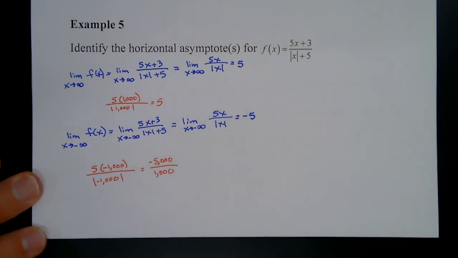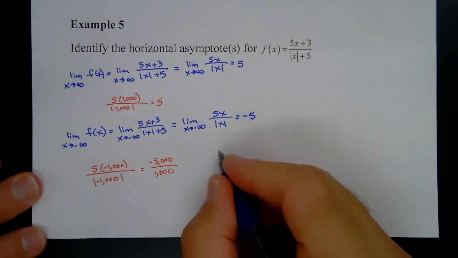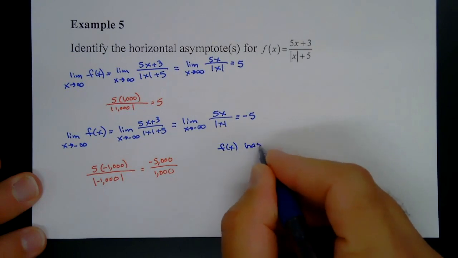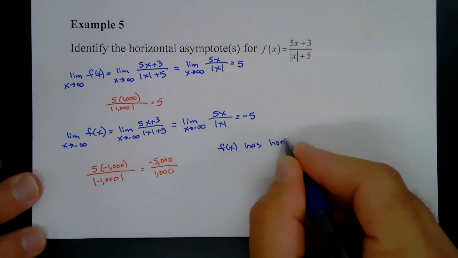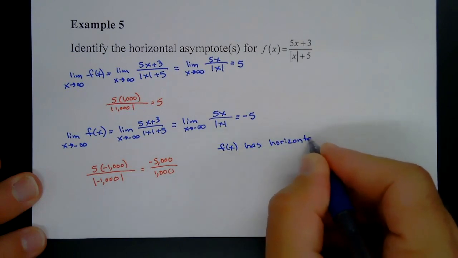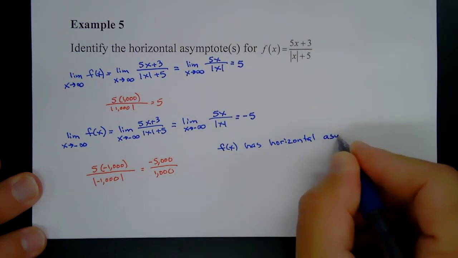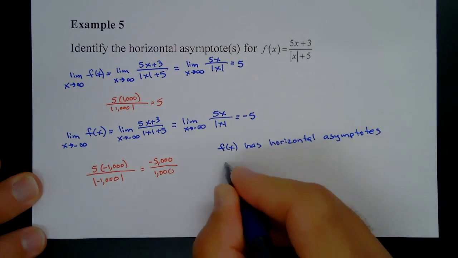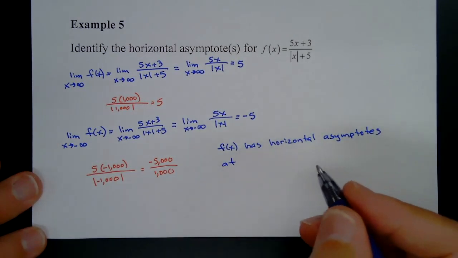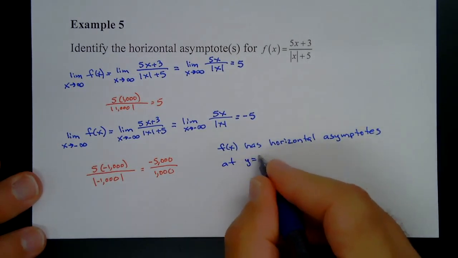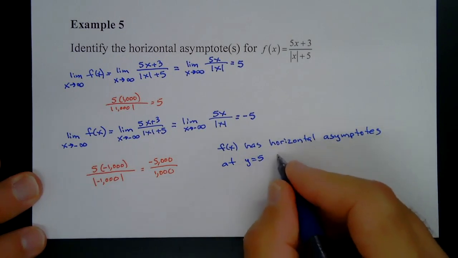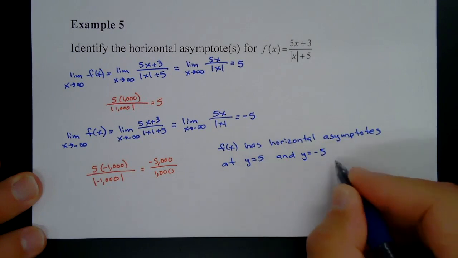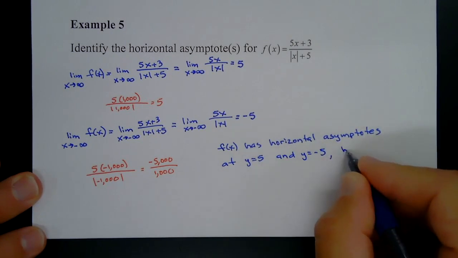So we actually have two different horizontal asymptotes here. So f of x has horizontal asymptotes at, and you cannot say 5, you have to say at y equals 5 and y equals negative 5, and you have to give a reason.